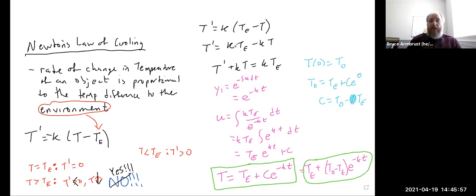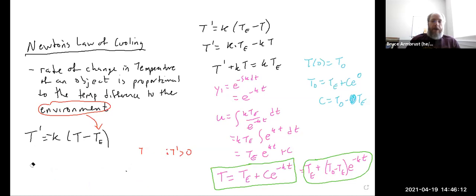Now I did this using the linear first order stuff, but we could have done it with separation. I don't know if anybody saw that, but some of you might have gone, well, wait a minute, you can separate that thing. Let me just show you really quickly down here. If you separate that, you'd have T prime over TE minus T equals K. So you can integrate both sides.